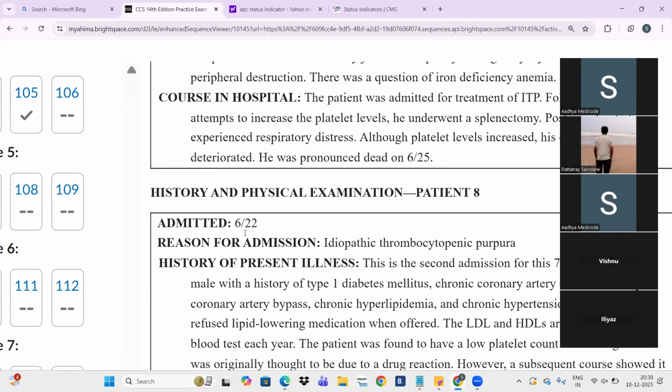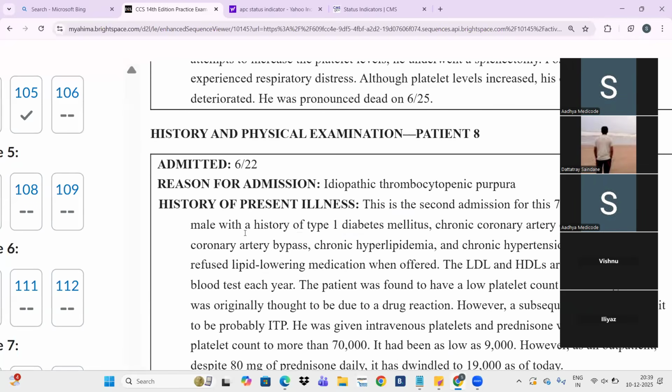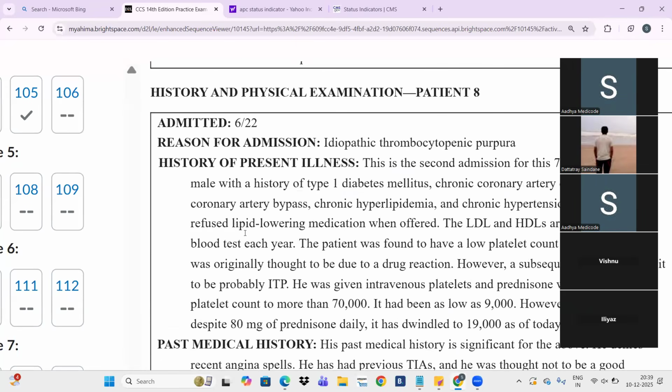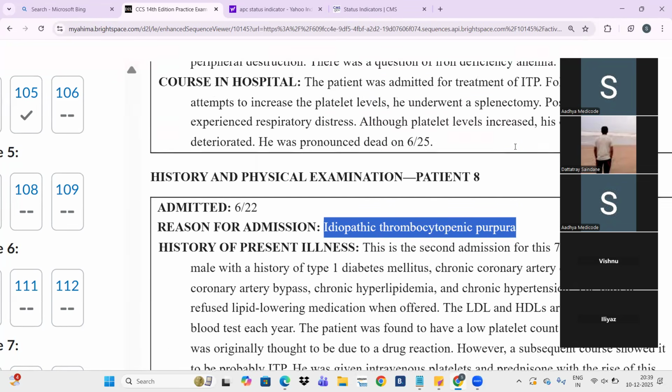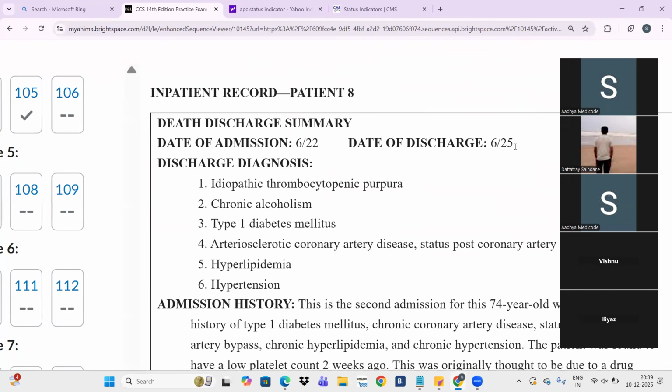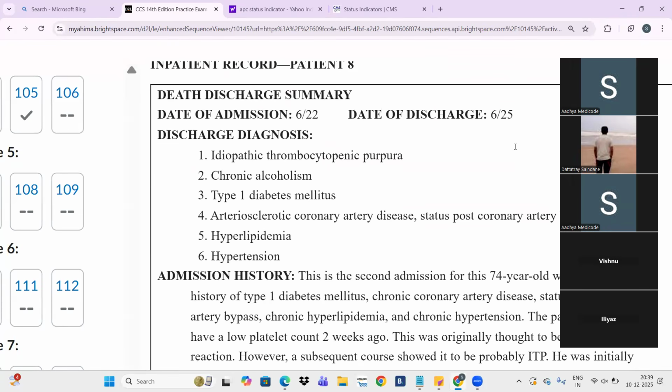Now, whenever you see the document, check the reason for admission. Here, what is the reason for admission? Idiopathic thrombocytopenic purpura, right? So this is the PDX. The remaining discharge summary diagnoses like chronic alcoholism, type 1 DM, CAD, hyperlipidemia, hypertension should be SDX.